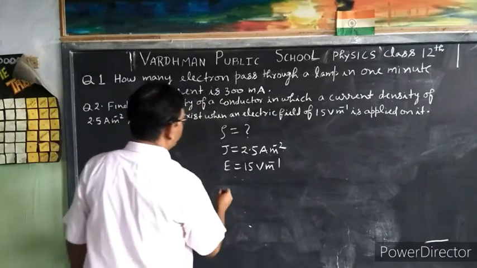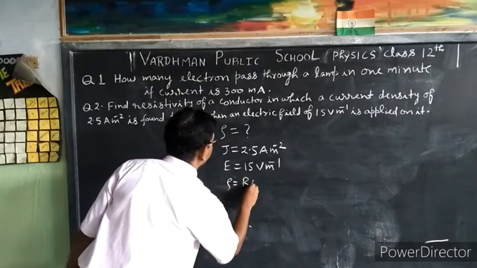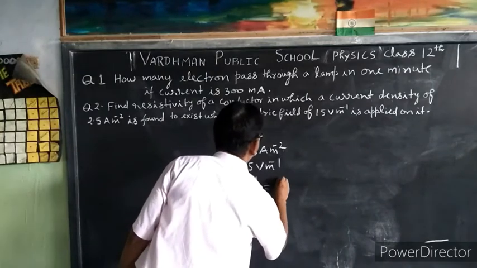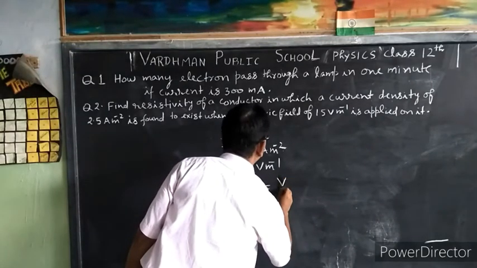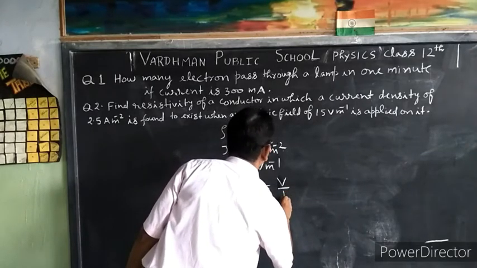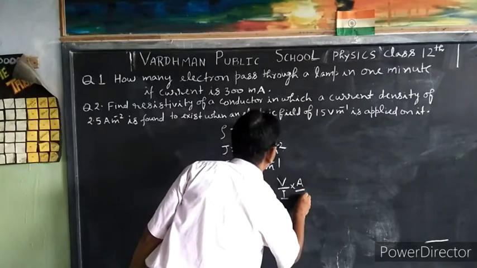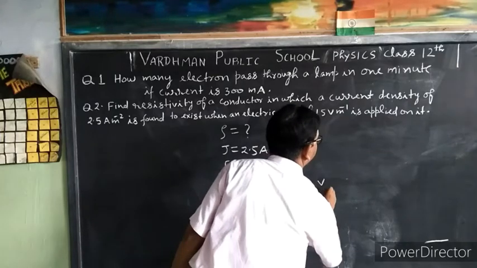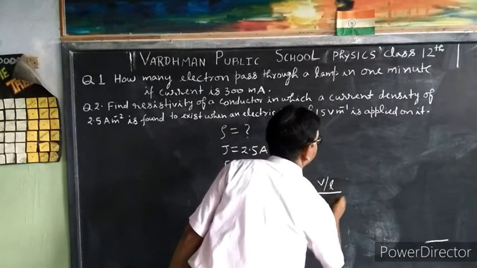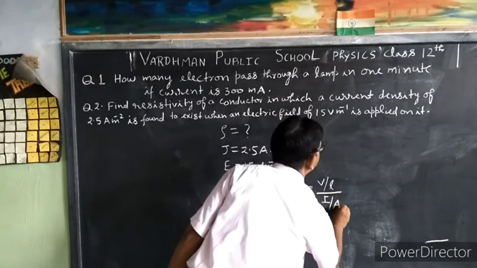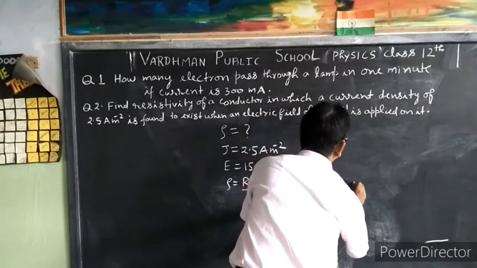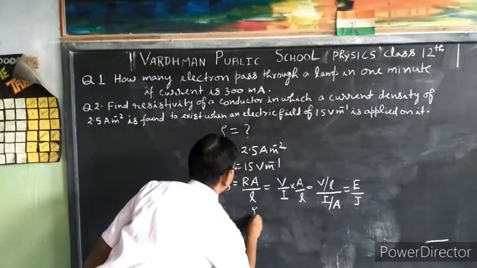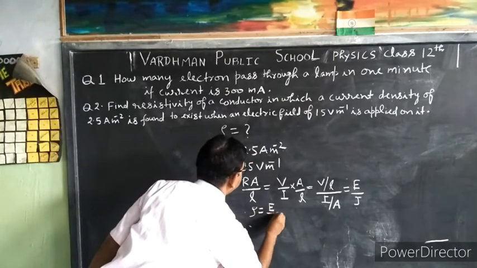Now we know the formula of resistivity: rho is equal to R into A upon L. Here R is equal to V upon I, so rho is equal to V upon I into A upon L. We can also write it as V upon L divided by I upon A, and V upon L is equal to E, and I upon A is equal to J. Thus rho is equal to E upon J.